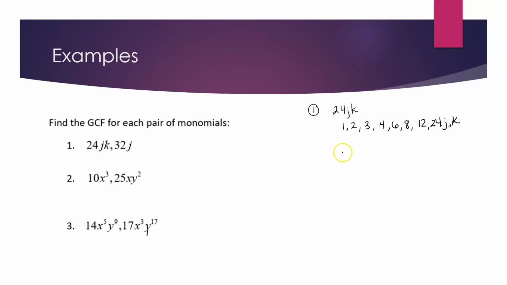Now we're going to do the factors of 32J. List them right underneath.